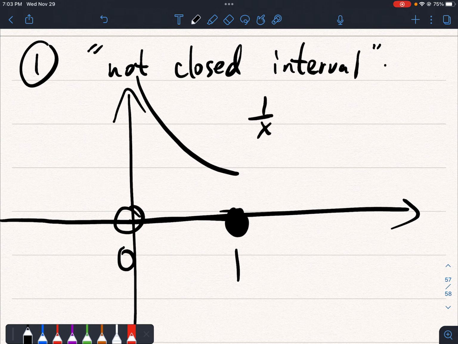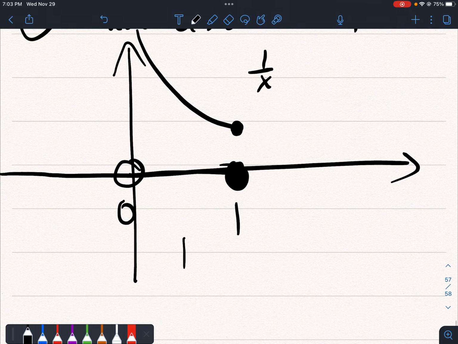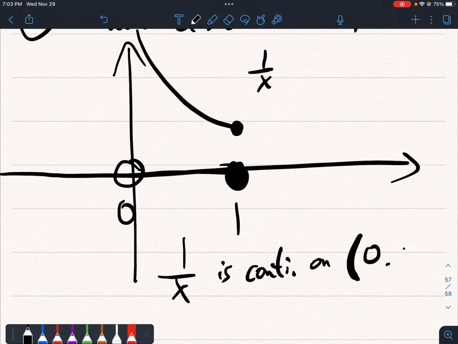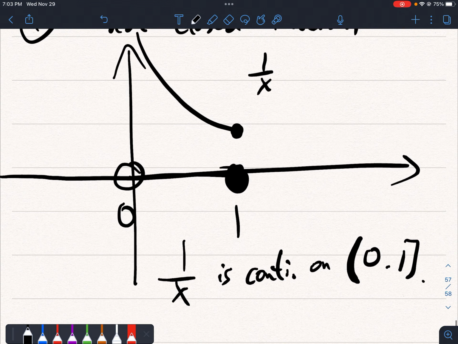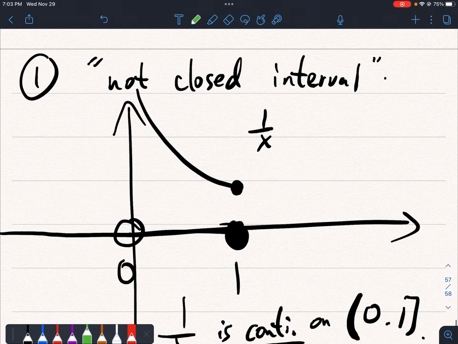We will focus on this part, 1 over x, on the half-open, half-closed interval (0, 1]. Then you can see 1 over x is clearly continuous on this interval.